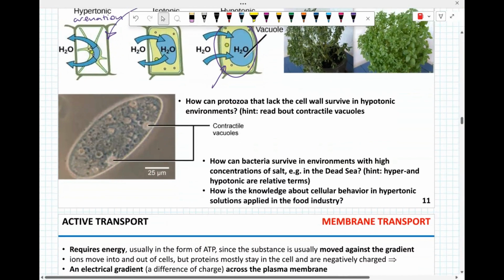Now, a lot of protozoa exist in the environment that is hypotonic, which means water moves into the cells. So how can protozoa that do not have cell walls survive in such hypotonic environment?